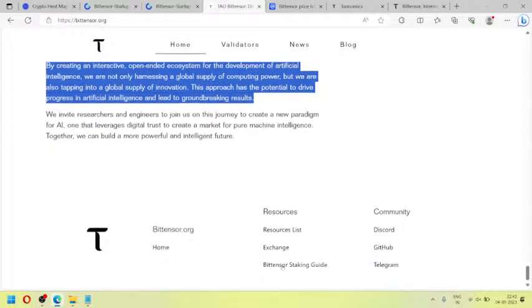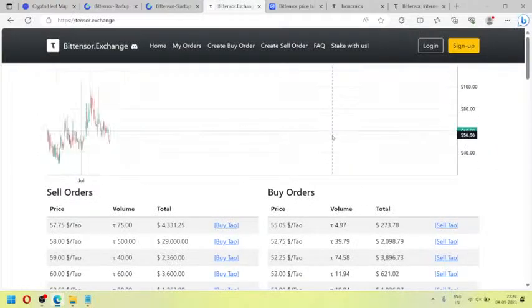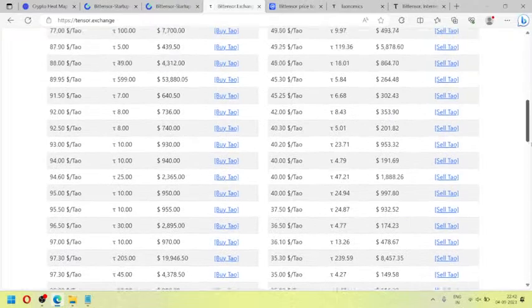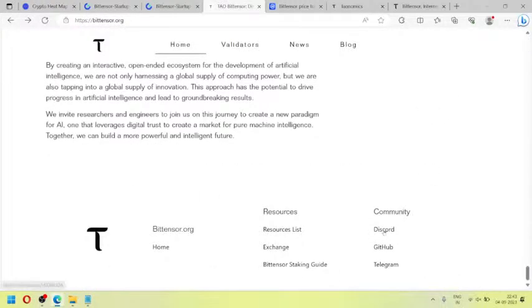And now the Bittensor exchange is there. You can buy and sell the token here also. They have their community, Telegram, Discord, and everything.